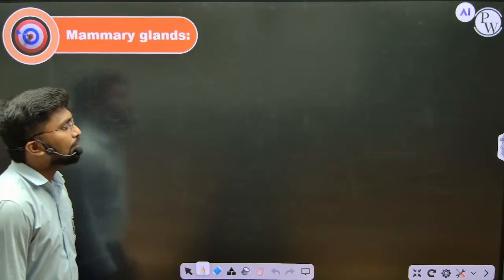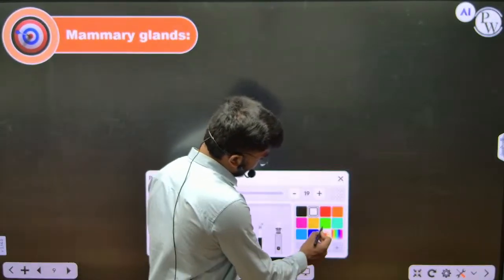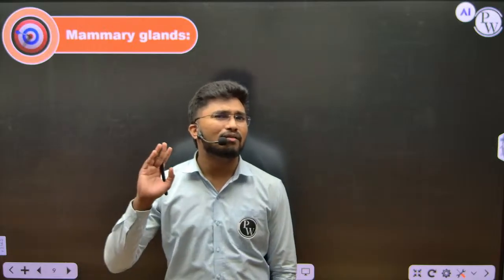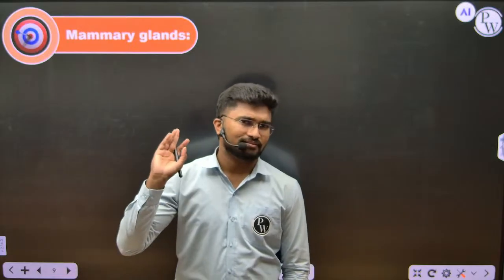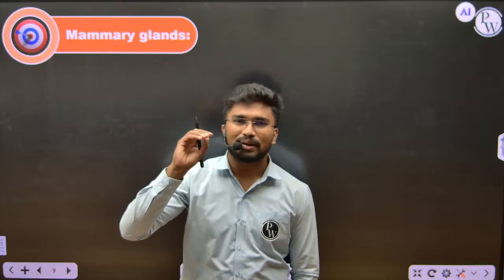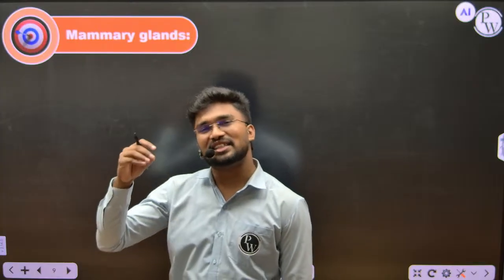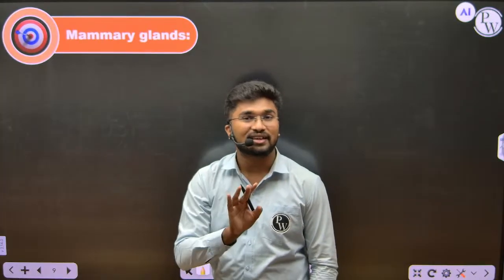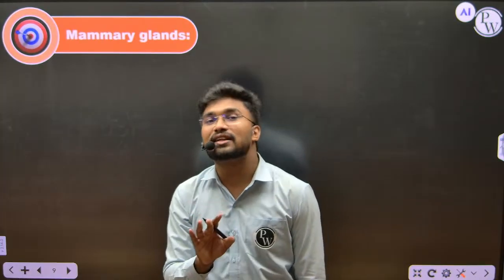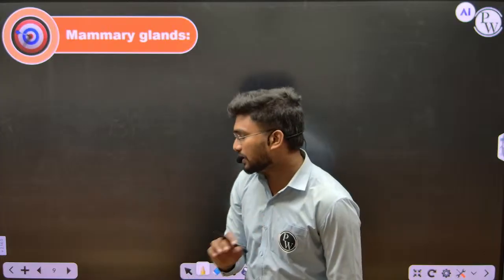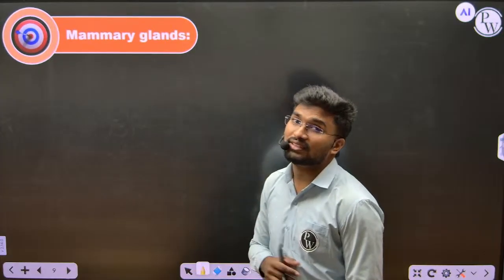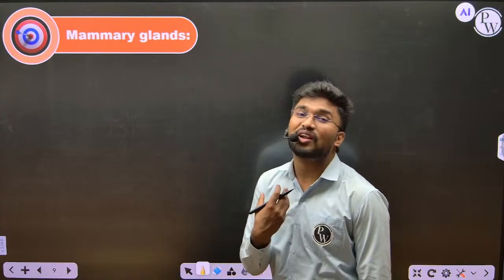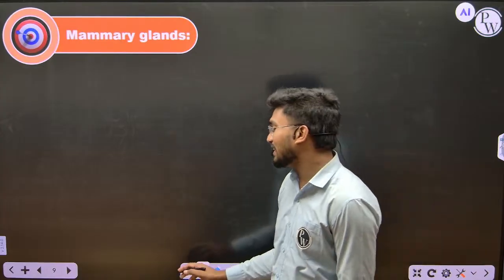Next one, mammary glands. All mammals without any exception have mammary glands. Males have mammary glands, females have mammary glands. But these mammary glands are functional in case of females. Why are they functional in females? Because of hormonal action. We will see that.